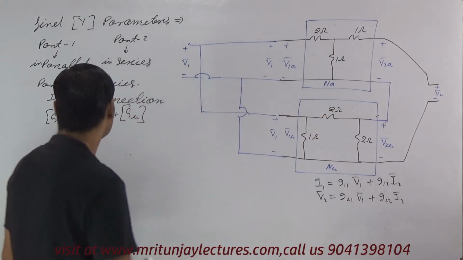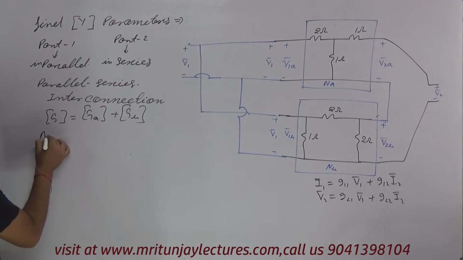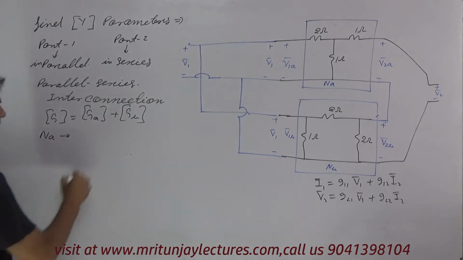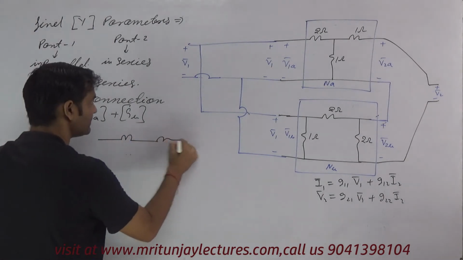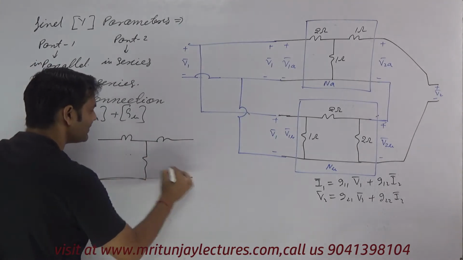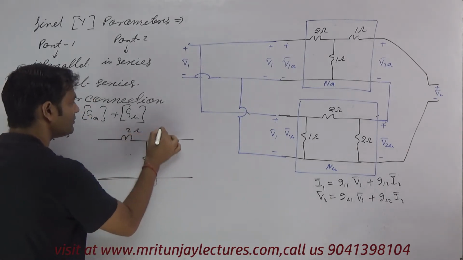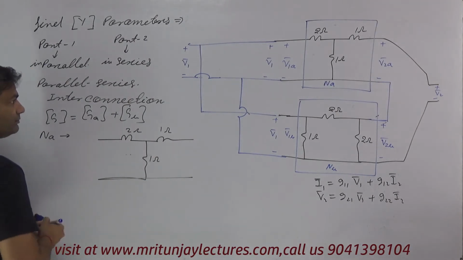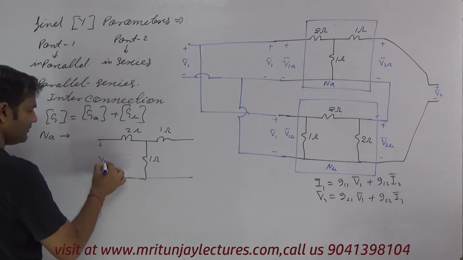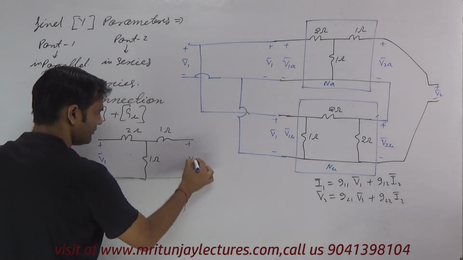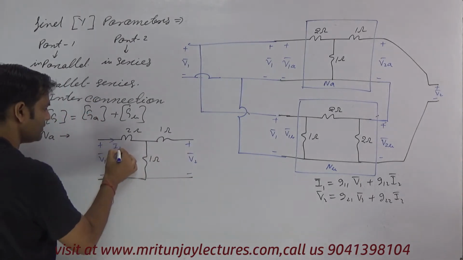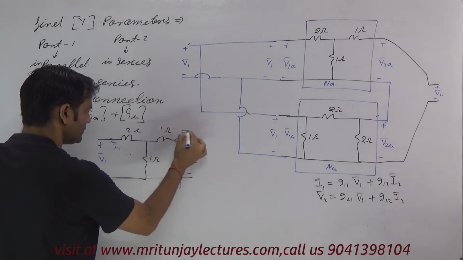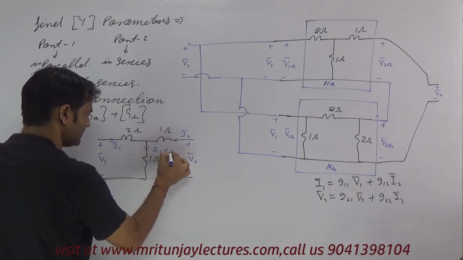First, corresponding to the NA circuit, redraw it with 1 ohm, 2 ohm, 1 ohm. Here V1, here V2, here I1, here I2, and here I1 plus I2.